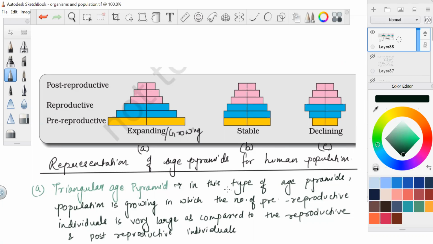What you will see in the triangular age pyramid is that the pre-reproductive individuals are larger as compared to the reproductive and post-reproductive individuals. So this is expanding and growing. This reflects an expanding and growing population. So first write it down, then I'll go to the next slide.